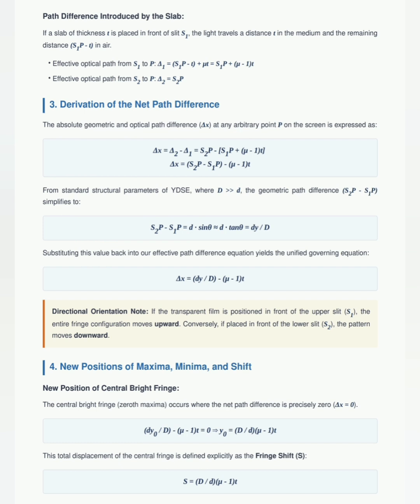So this is the displacement of the central fringe, that is the fringe shift, which we call S, that is capital D by small d into (mu minus 1)t.